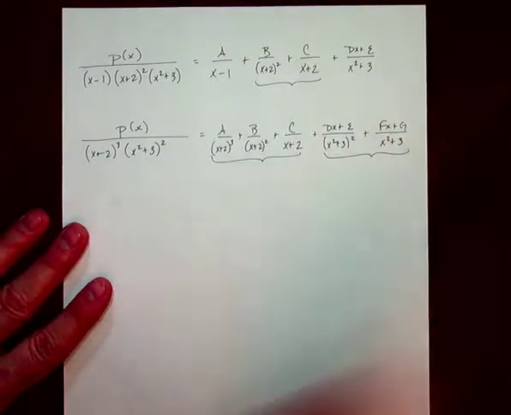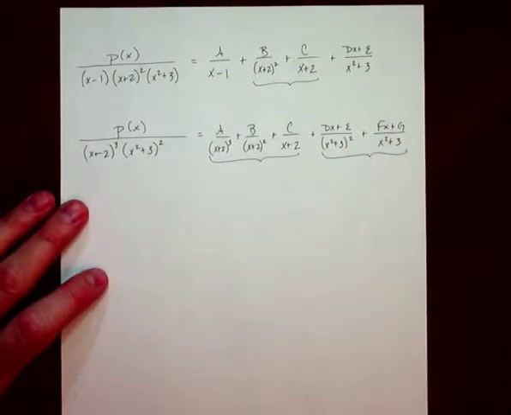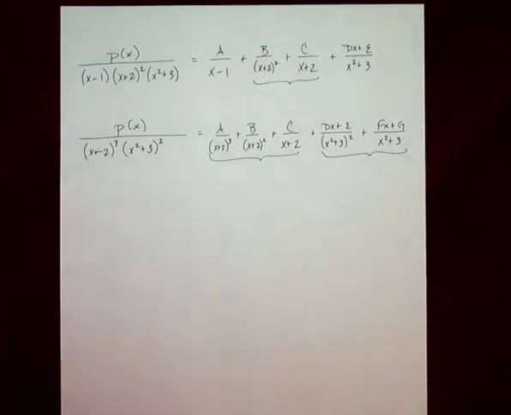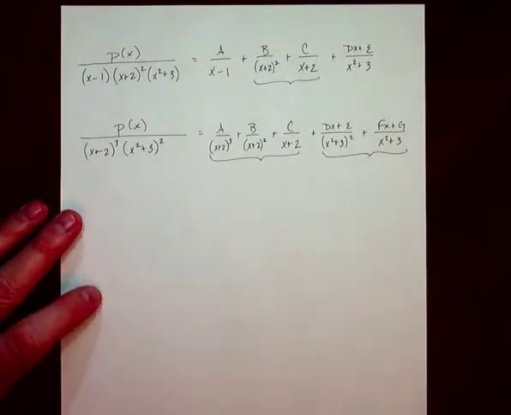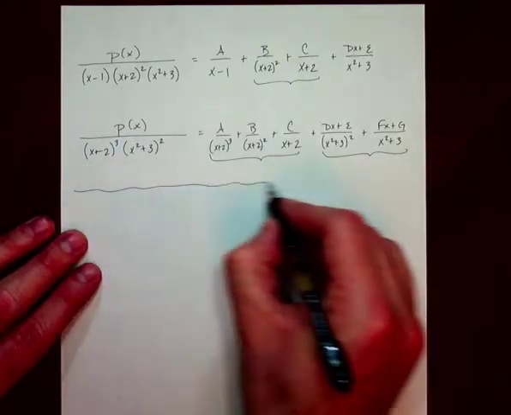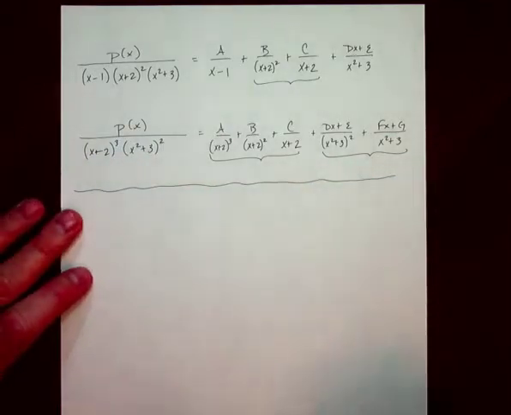And that is how you deal with a repeated irreducible quadratic. There's a little bit of overlap between some of the strategies when you have something like that.